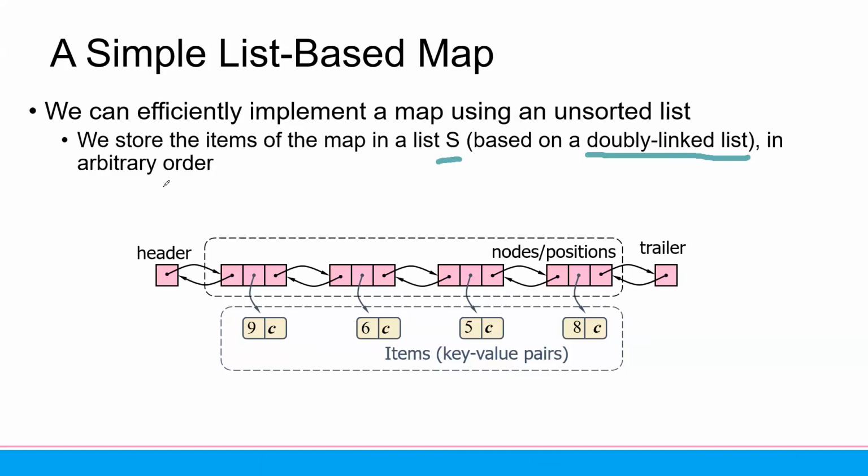In the doubly linked list, we have header, we have trailer, and for every element of the list, we will have the key and value.